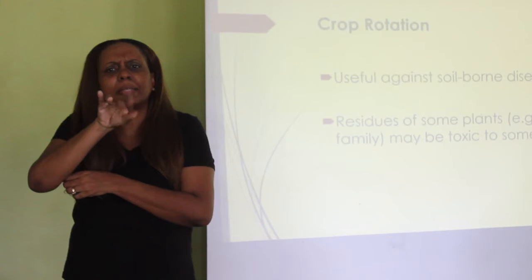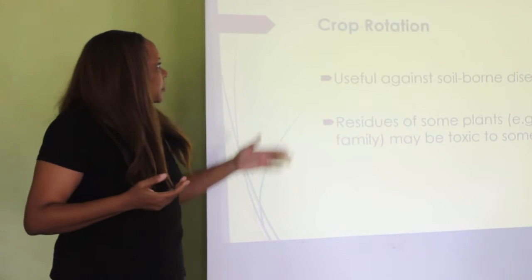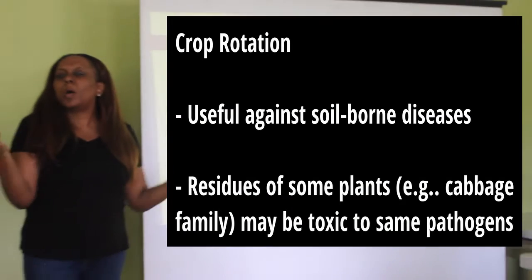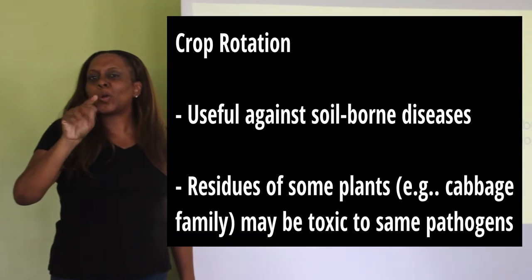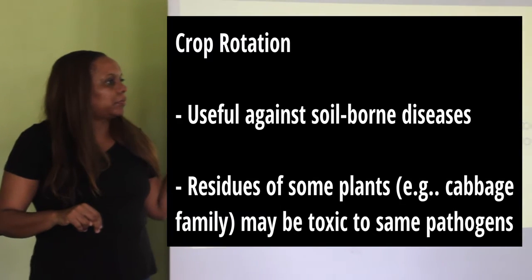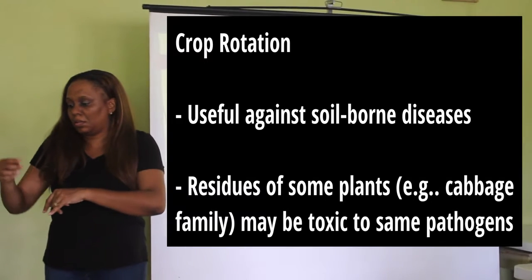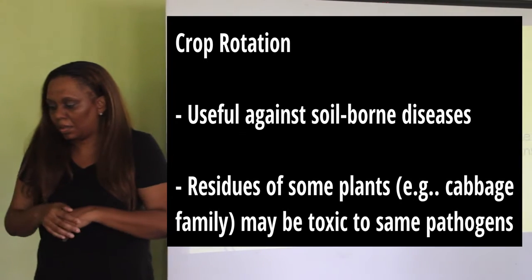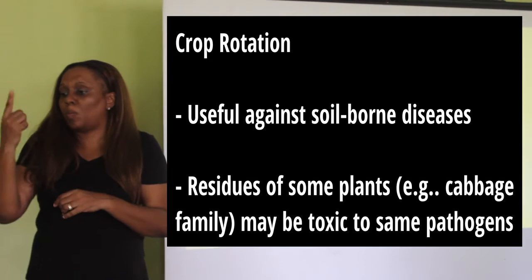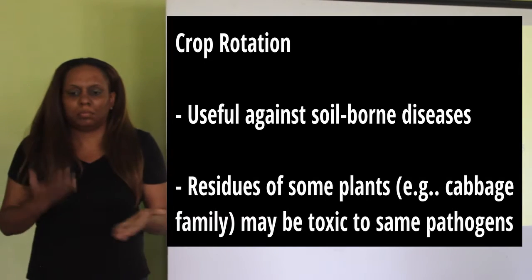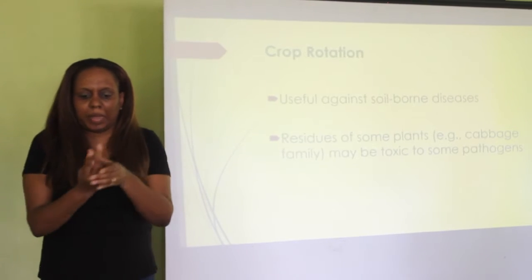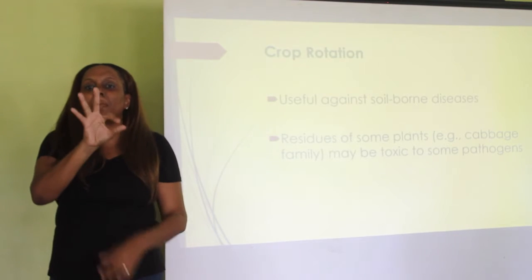We can also practice crop rotation. It is useful against soil-borne diseases. So if you have disease in your soil, you will plant one crop this time around, and plant another crop next time, because all insects do not affect the same crop. The insect or the fungus, the pathogen that affects the tomato will not affect the beans.